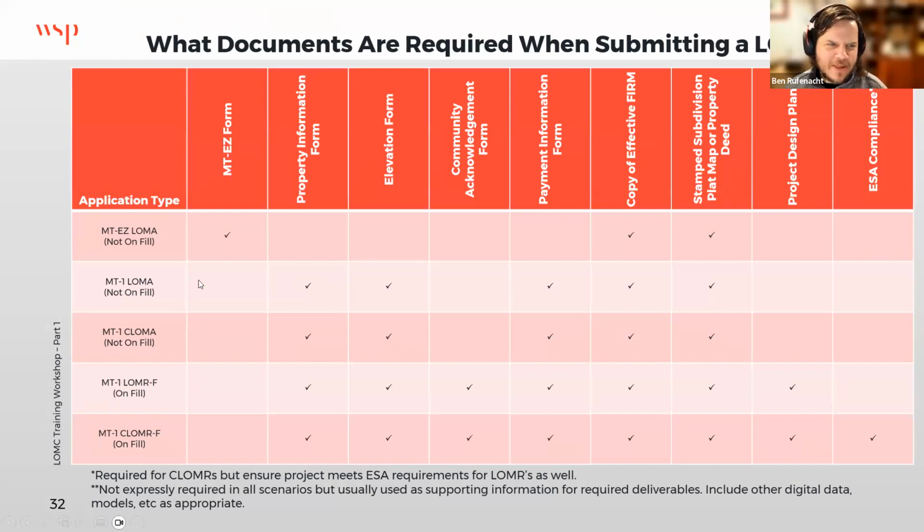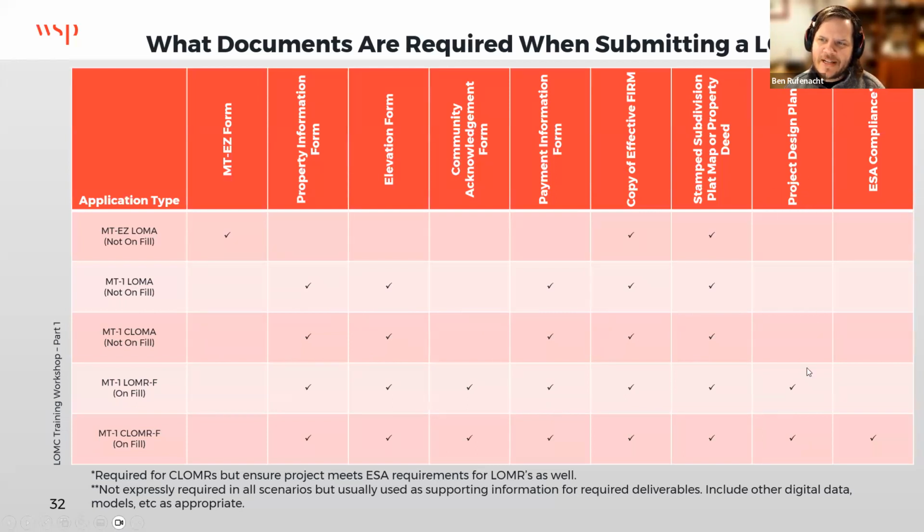Okay, and we kind of went through what documents are required for each of these, but this is a nice table to show you for all of them at once. You see each one of those forms has a checklist to remind you of what's needed. From the property information form, elevation form, and these are just those different pages of that form that I just walked through. So for all applications, if you're just doing a LOMA or CLOMA, you don't need the community acknowledgement form.